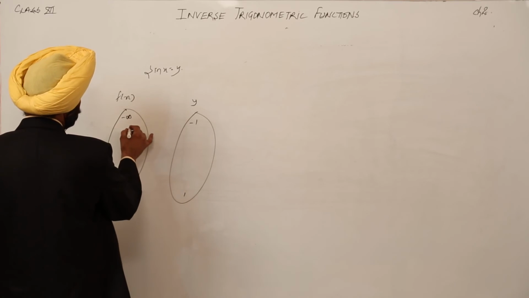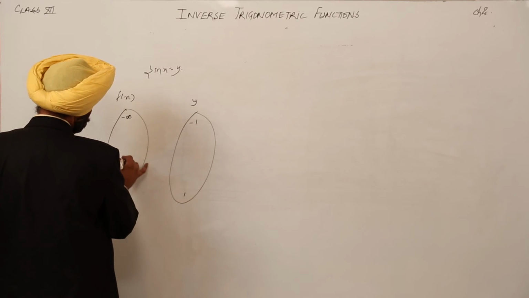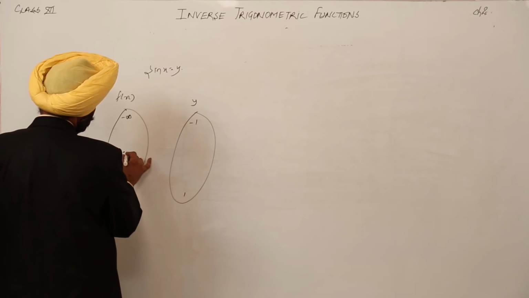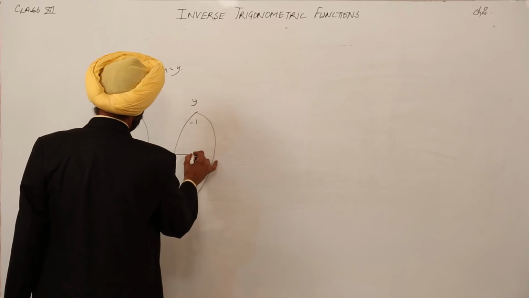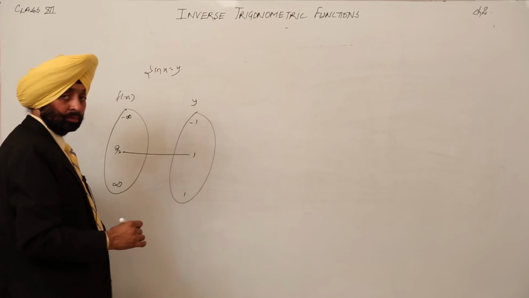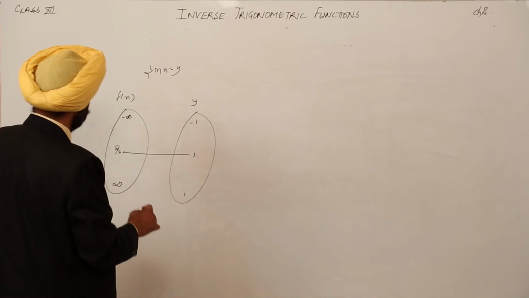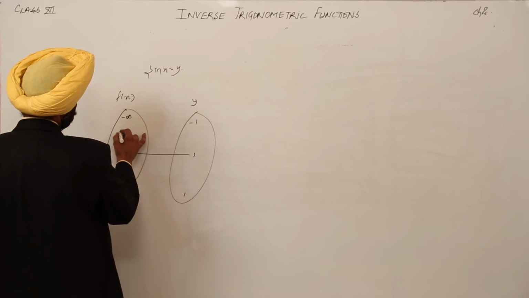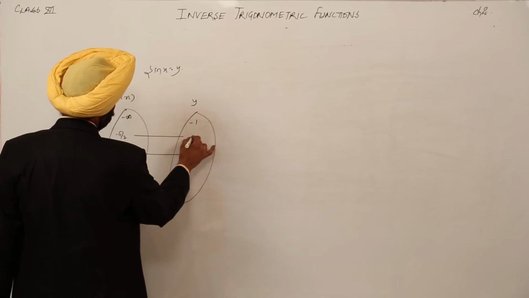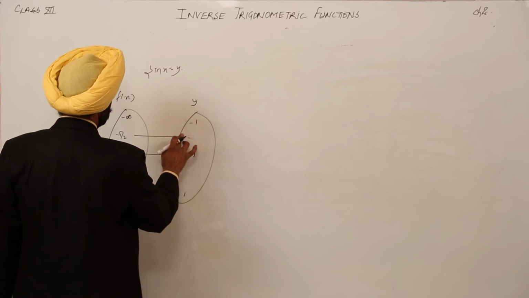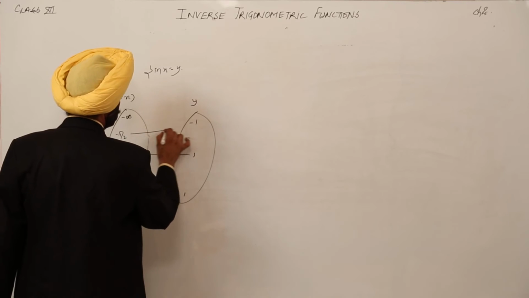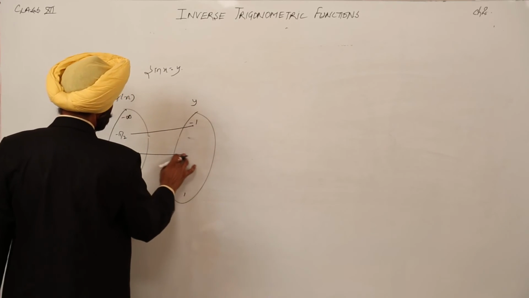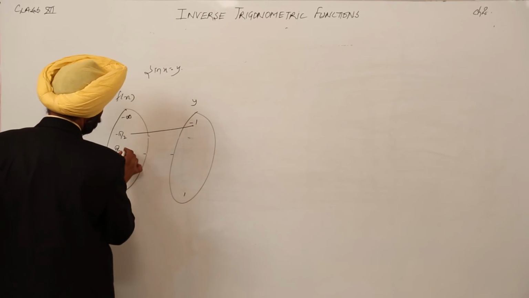Now suppose we were having sine 90 degree, pi by 2, as 1. Pi by 2 was 1, minus pi by 2 was minus 1. I am sorry for this part, you can easily see, I have already given you this one, and for this one we are having pi by 2.